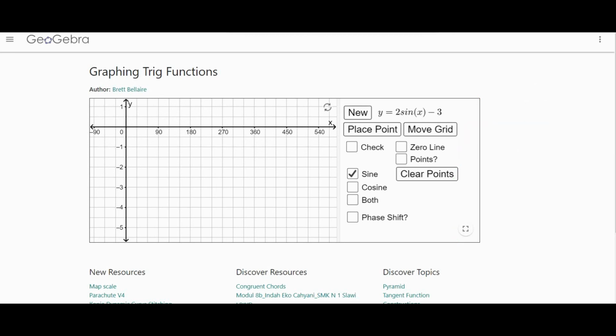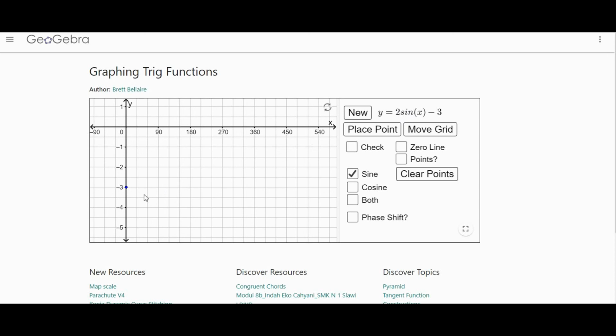Okay, and then what I'm going to do, as I said, the 0 line was -3 because my d value is -3, and sine starts on the 0 line, so I'm going to place a point at -3. Okay, then from there I go over 3 squares and I go up to the maximum.